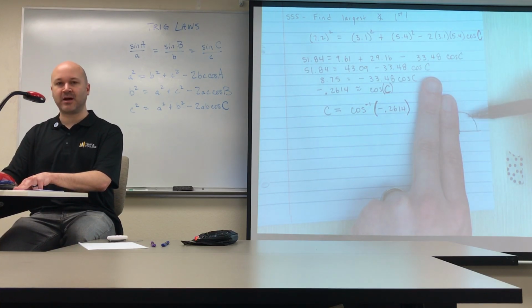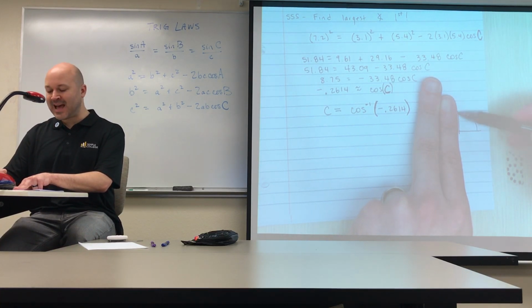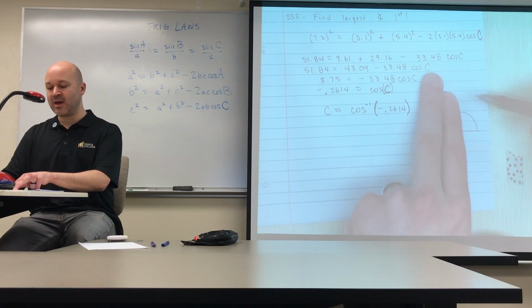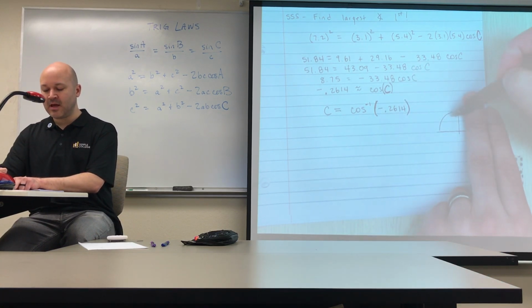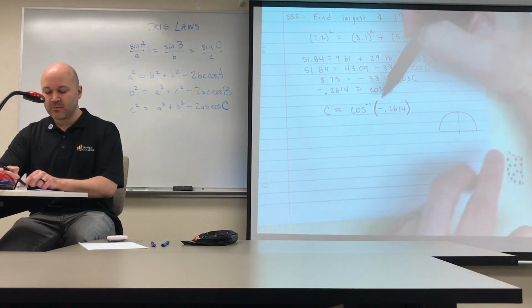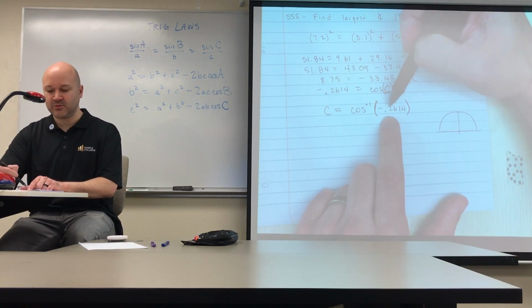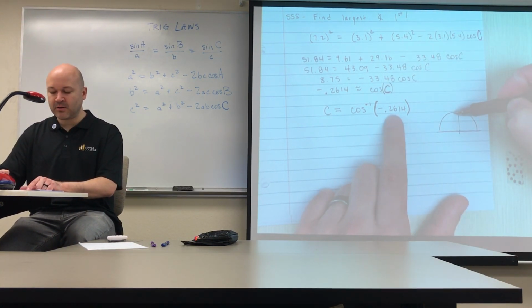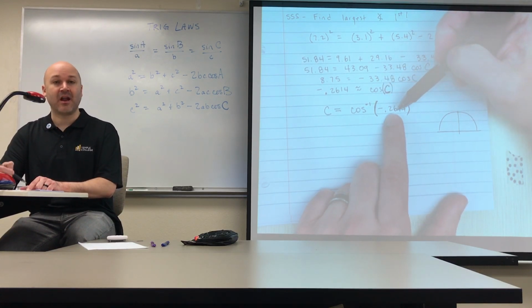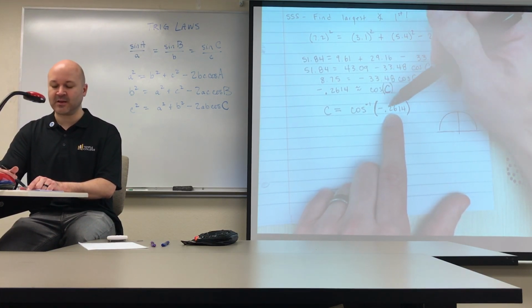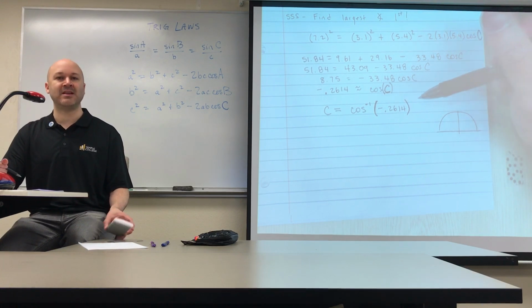Those x values are positive. But as soon as I hit 90, cosine is 0. And anything bigger than 90, all of a sudden my x values become negative. So by putting in a negative 0.26, that's a really small negative number, I think we've got an obtuse angle sitting right here. This angle better be bigger than 90 degrees.